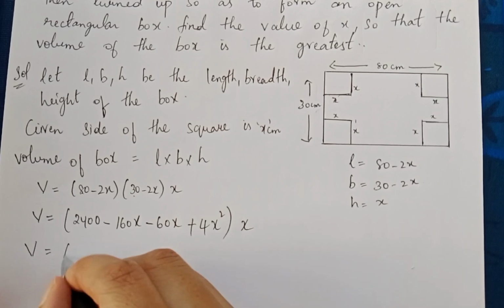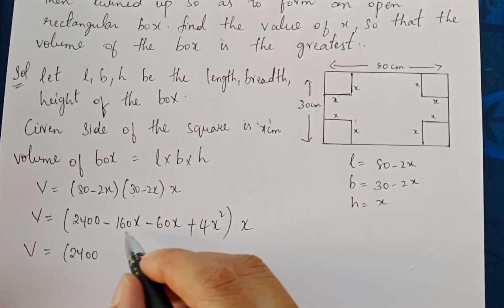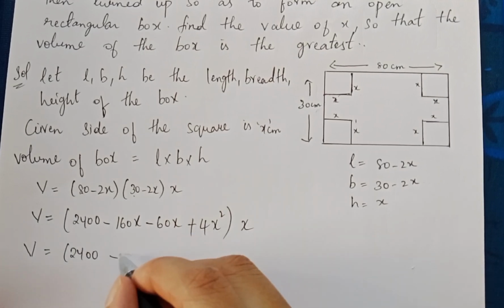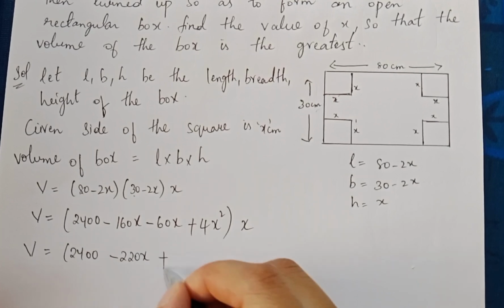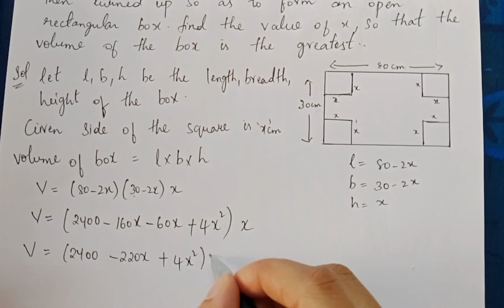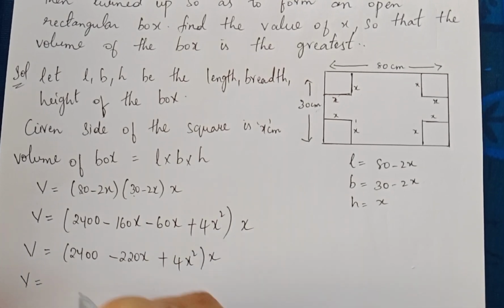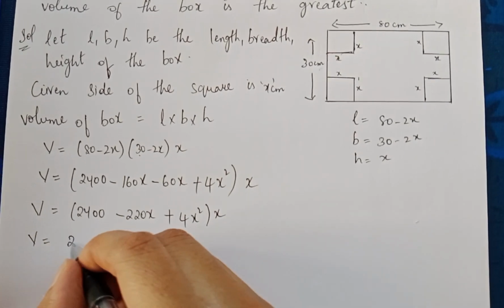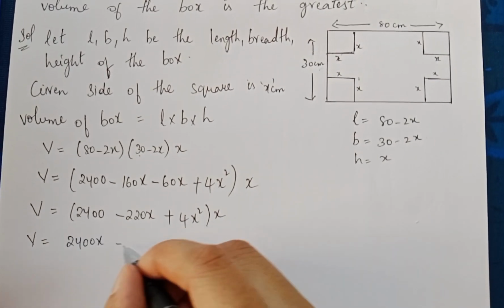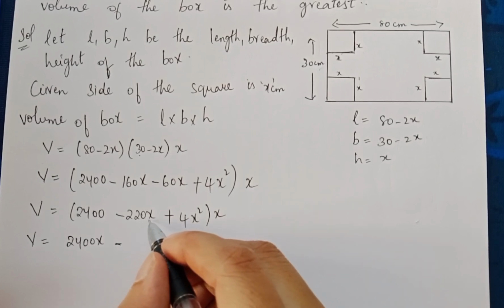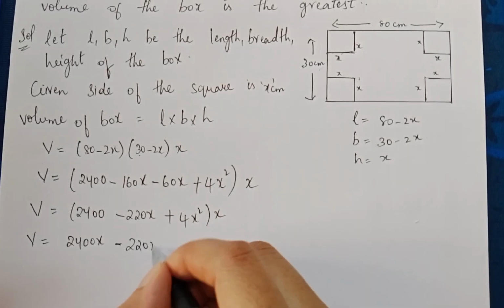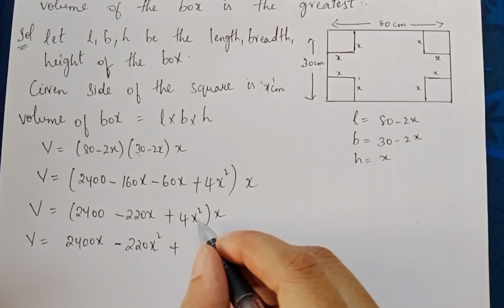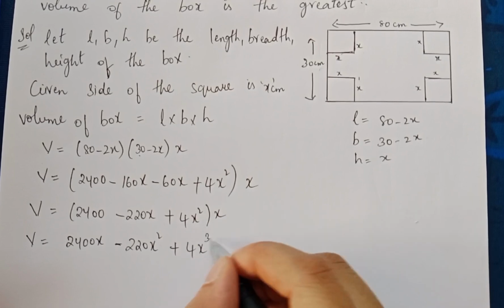So it can be written as 2400 minus 220x plus 4x square, into x. So V is equal to, multiplying x inside, 2400x minus 220x square plus 4x cube.